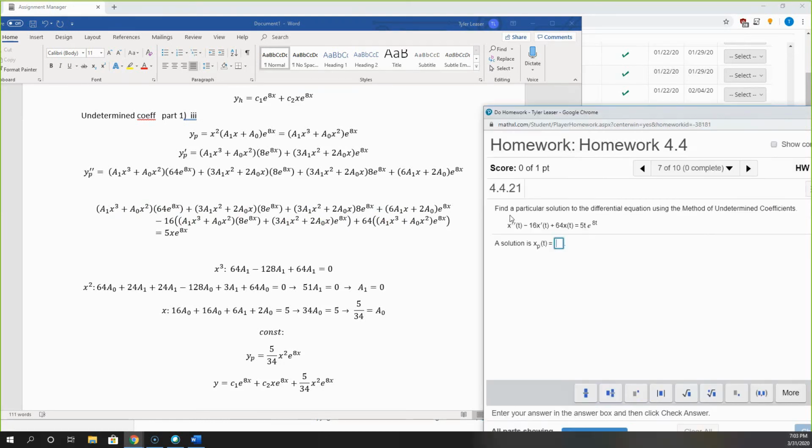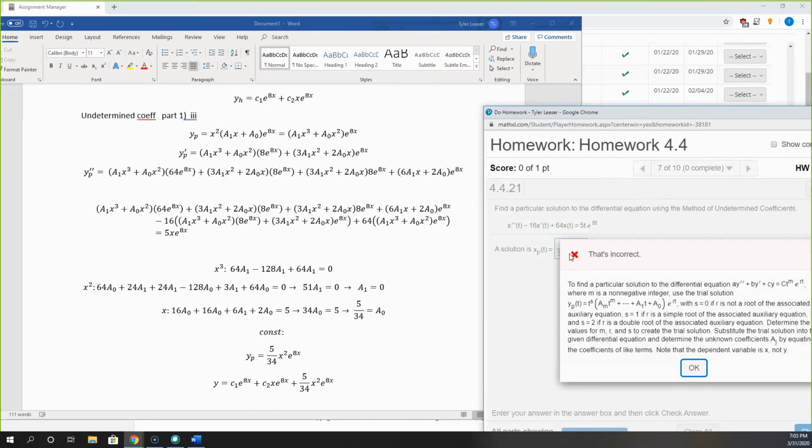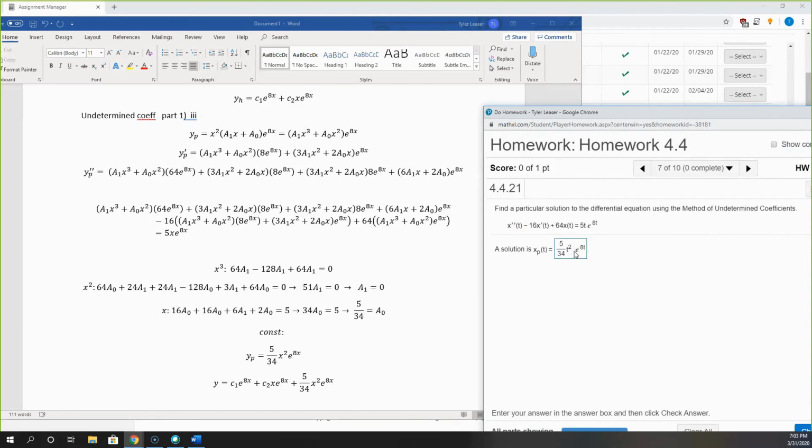So first, this wasn't asking for the entire solution. It was only asking for the particular solution. So that would just be the 5/34 x, and that would be t squared because I think it's got different variables. You're right. Okay. Oh, good. Yeah, at least we know the process.